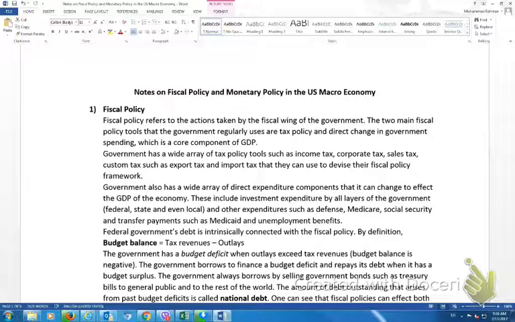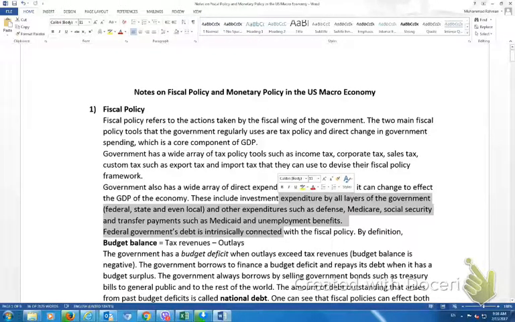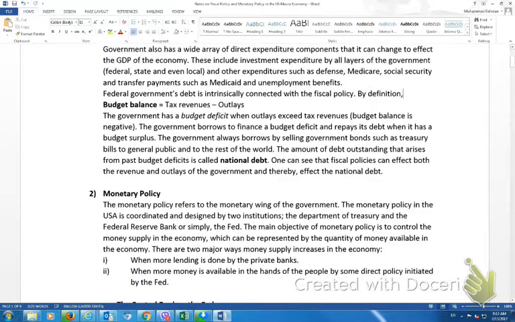Outlays are the kind of government expenditures that we have been talking about so far. There are times when the tax revenue turns out to be less than the outlays, and your budget balance becomes negative. We generally call that a budgetary deficit.